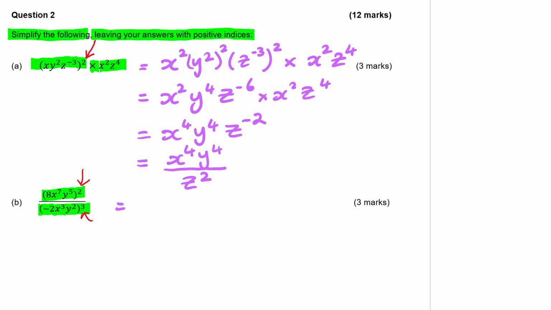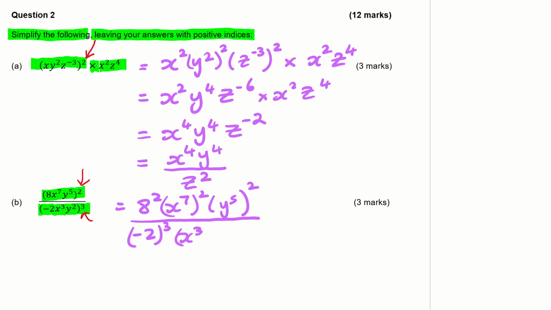So here we will have 8² x⁷² y⁵², divided by (−2)³, (x³)³, and (y²)³.